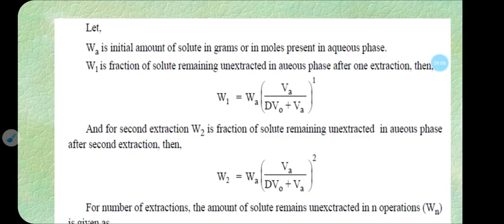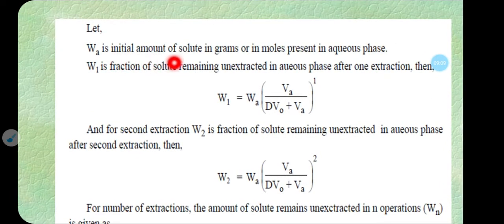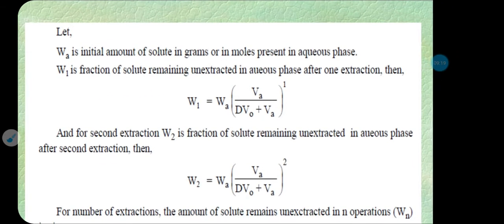Then let Wa be the initial concentration of solute in moles present in the aqueous phase. W1 is the amount of solute remaining unextracted in the aqueous phase after the first extraction. Then we can write the equation W1 is equal to Wa into Va upon D Vo plus Va raised to 1, that means fraction of solute remaining unextracted multiplied by the initial concentration of solute.